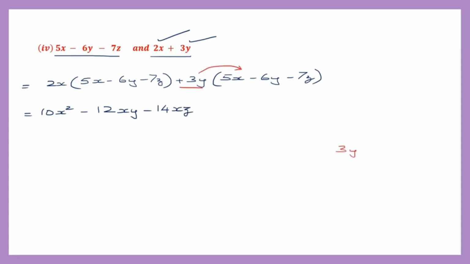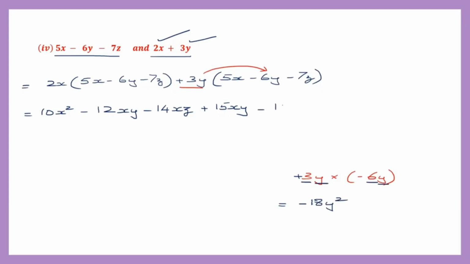Now we go on to the next one, plus 3y into 5x. So signs are both plus. Then we multiply the numbers. 3 5s are 15. 1y, 1x makes it yx or xy. So this is plus 15xy. Now we multiply 3y into minus 6y. Here the sign is plus, so plus into minus is minus. 3 6s are 18. y into y is y square.